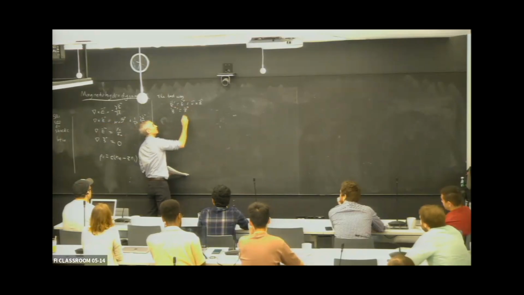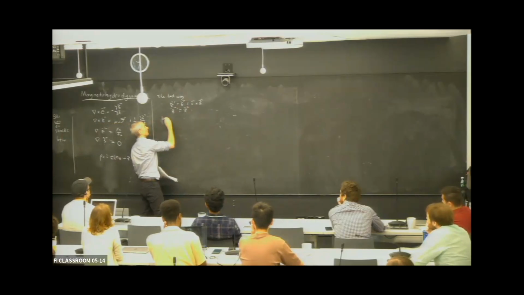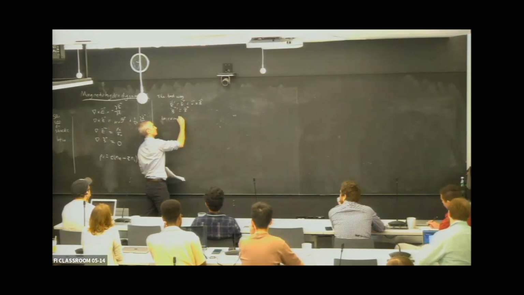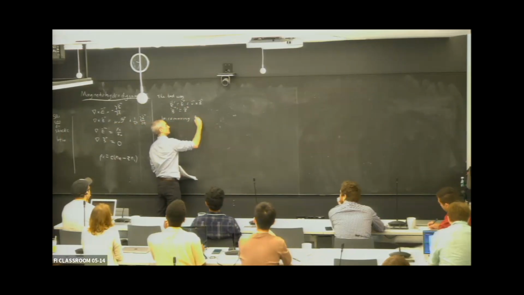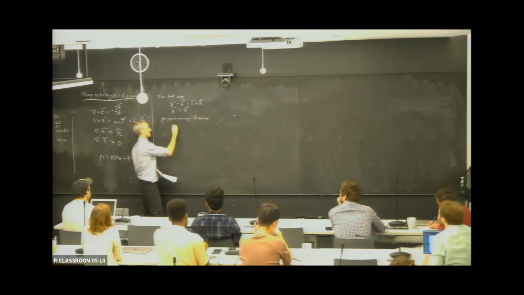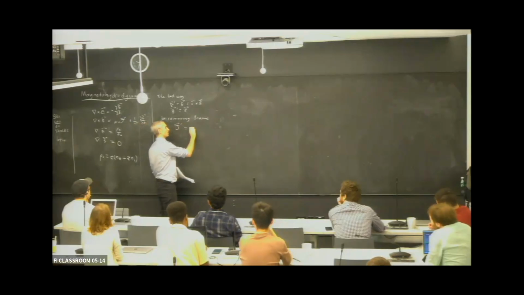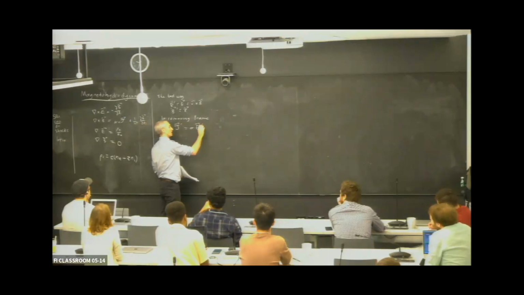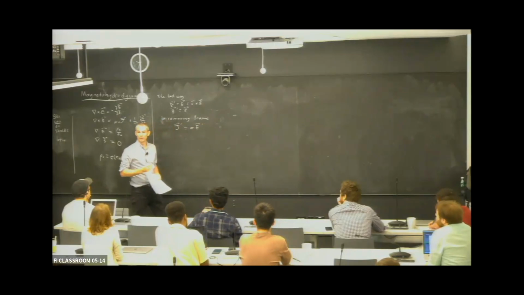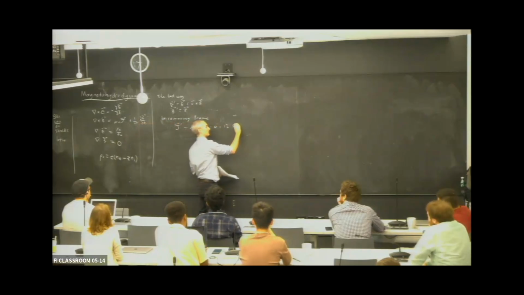But with due care, you can say there's a transformation to a co-moving frame. In the co-moving frame, you take a generalized Ohm's law. What is that? Well, the current J in the co-moving frame is some conductivity sigma times the electric field E dash in the co-moving frame, which, for example, could be 0 if it's a perfect conductor.